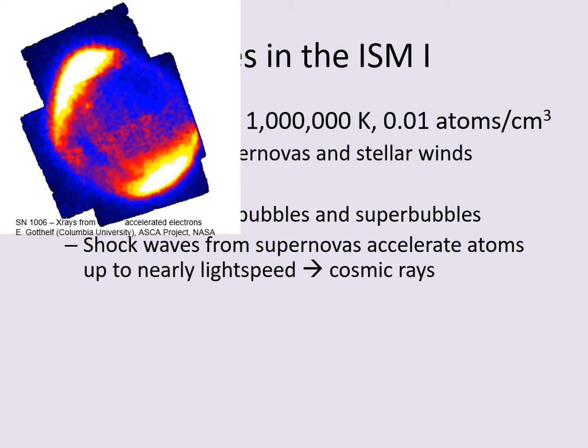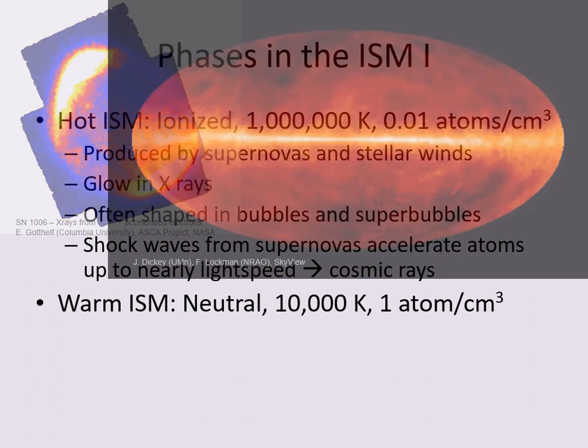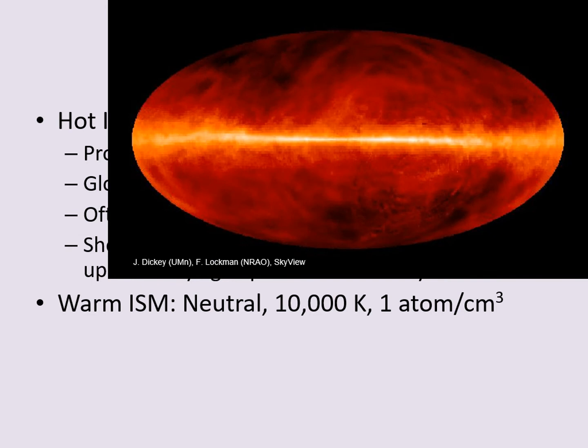The hot ISM cools by radiating X-rays out into space. As this happens, the edges change phase to the warm ISM. The warm ISM is at a temperature of 10,000 Kelvin and has a density of 1 atom per cubic centimeter. This is the most common phase in the disk of the Milky Way.